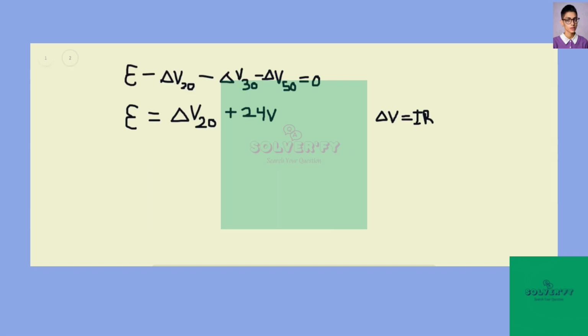And then we get some more Ohm's law, and we can again find that change of potential through Ohm's law, and that gives us, ultimately, we have 0.62 amps, and we're going to multiply that by 20 ohms, and then add on our 24 volts from the other side.